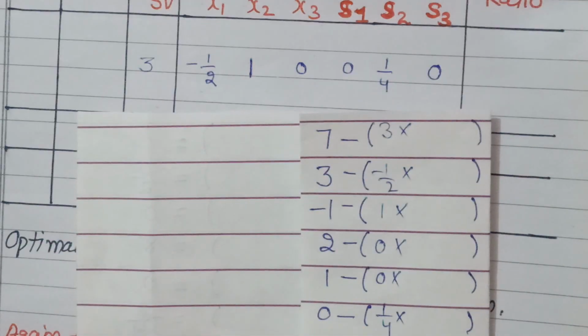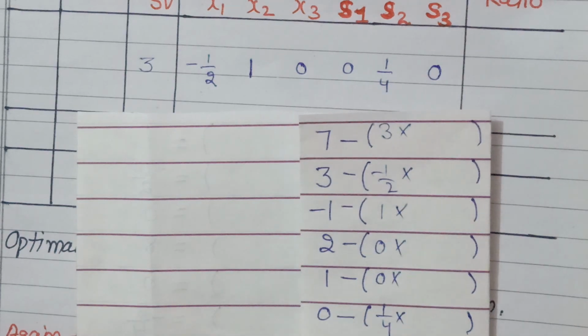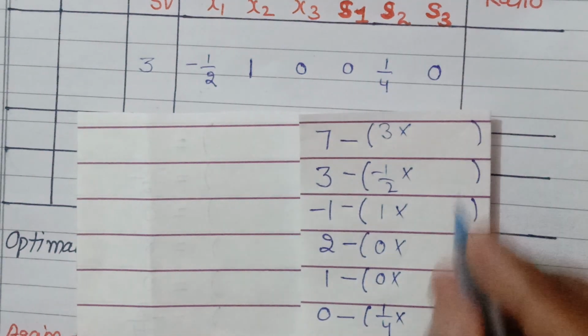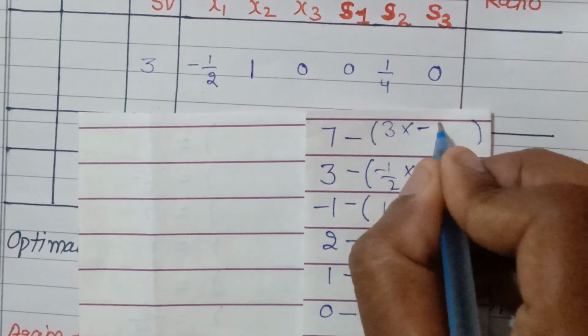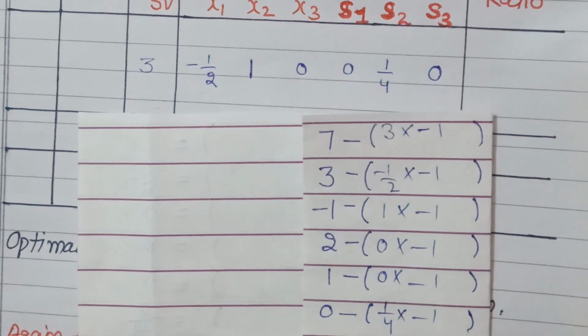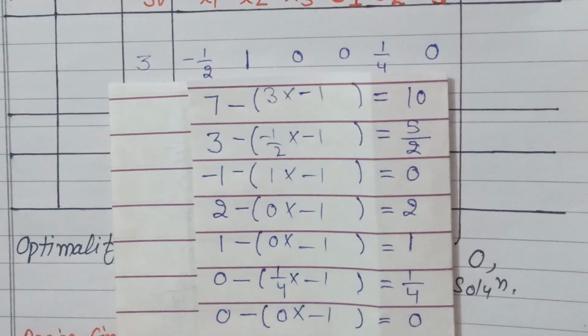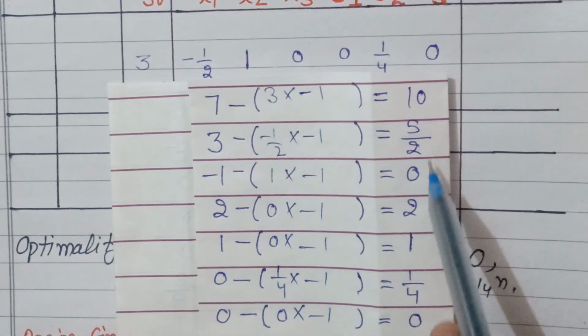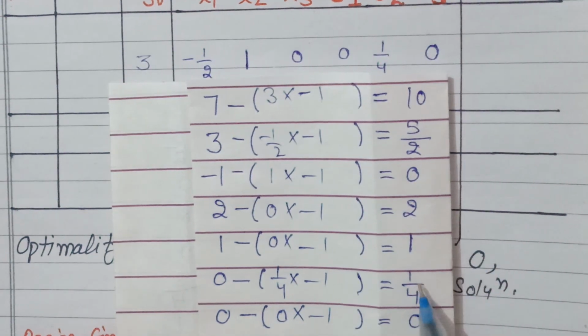So now we will multiply all these values by this minus 1. Okay, so let us multiply these values with minus 1. This is again minus 1, minus 1, minus 1, minus 1, minus 1, and minus 1. Now if you solve these equations, you will have the values 10, 5 by 2, 0, 2, 1, 1 by 4, and 0.